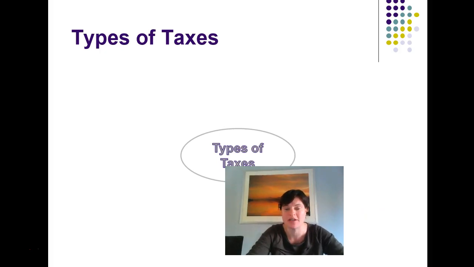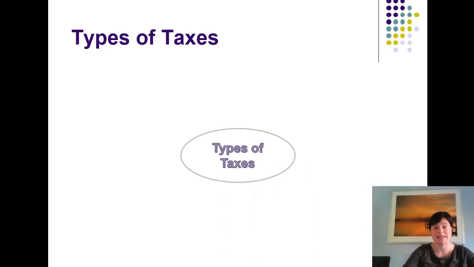So the first thing I want you to do is pause this, and I want you to go through and identify all the different kinds of taxes that you know about. Maybe ask a parent, a neighbor, a grandparent. I want you to go and ask people, what kinds of taxes do you know about? So for instance, I'll start you off. A type of tax would be property taxes. Okay?